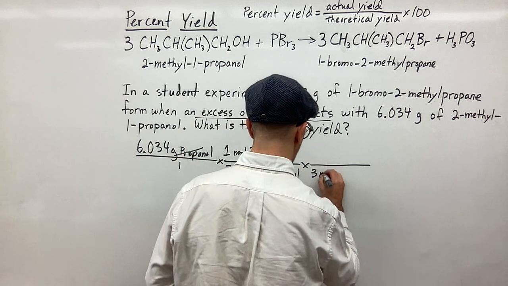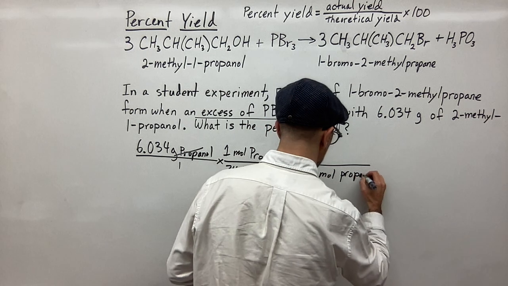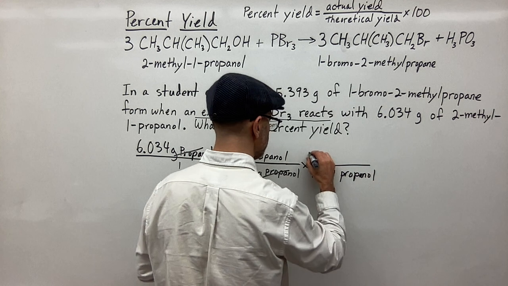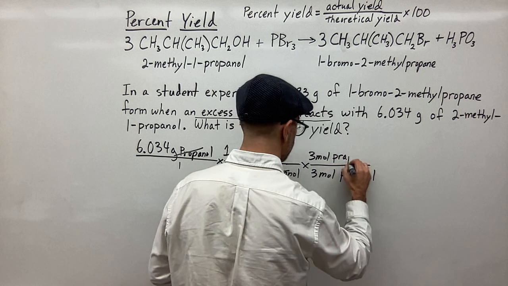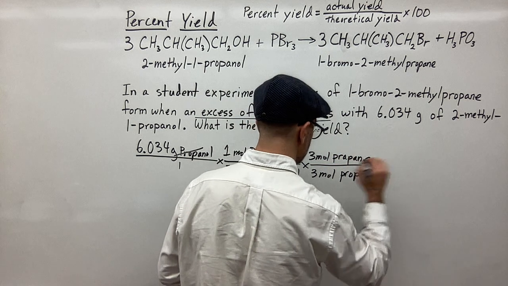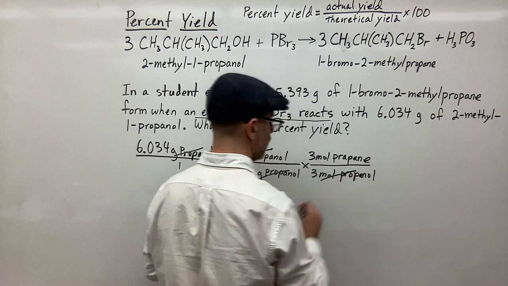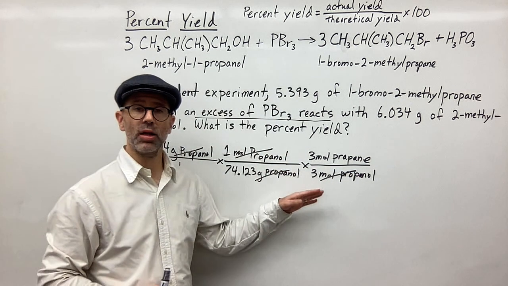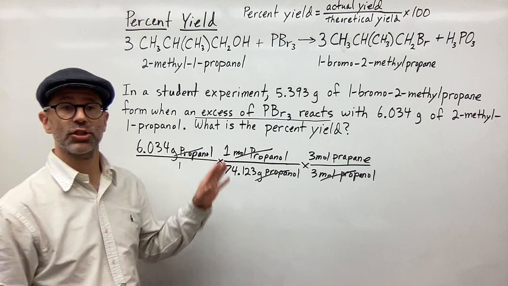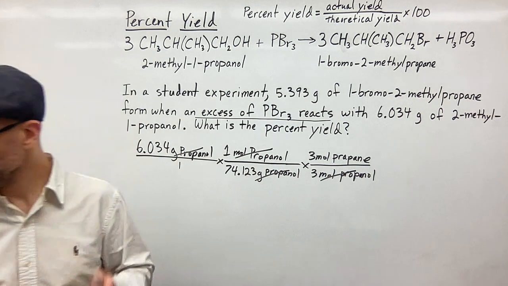So 3 moles of propanol on the bottom and 3 moles of the propane on the top. So the moles of propanol cancel out. So now I have moles of propane, and I can convert to grams using the molar mass of propane.